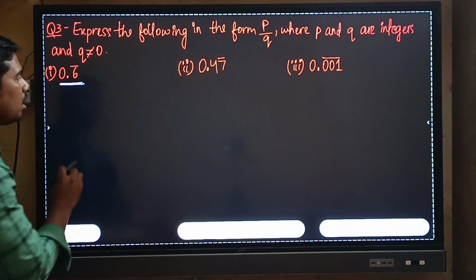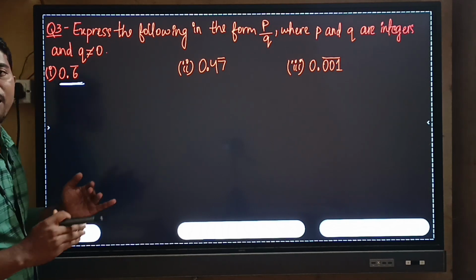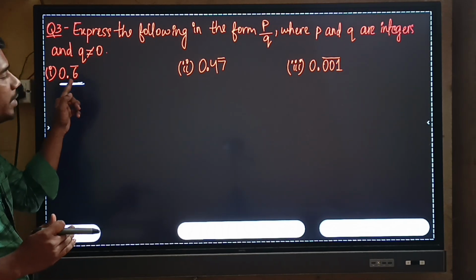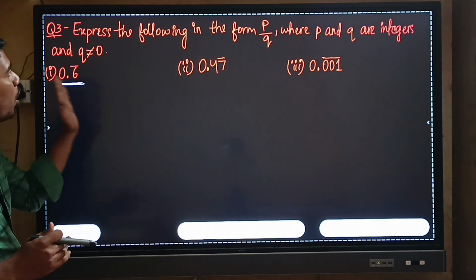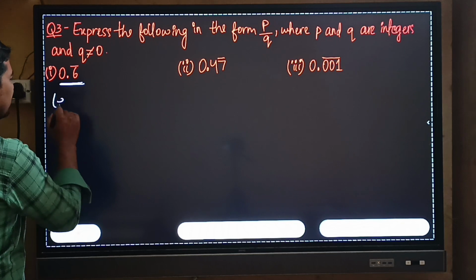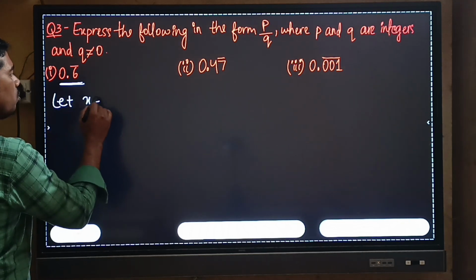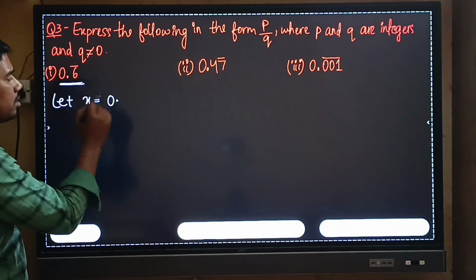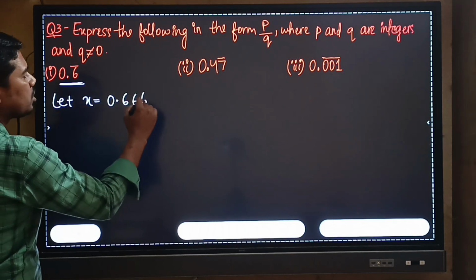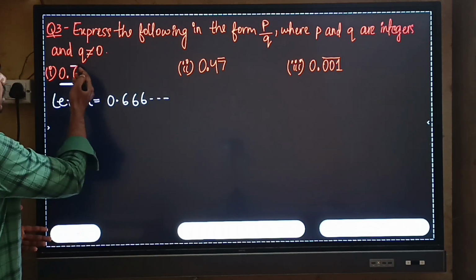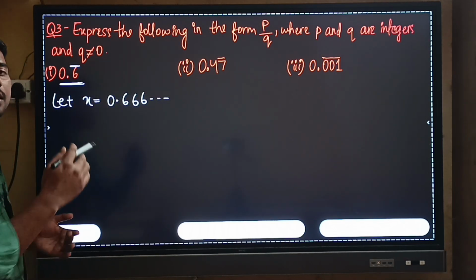Whenever we represent a non-terminating repeating decimal in the form of a fraction, we first write let x equal to 0.666, because the bar is on 6, which means 6 is repeated.